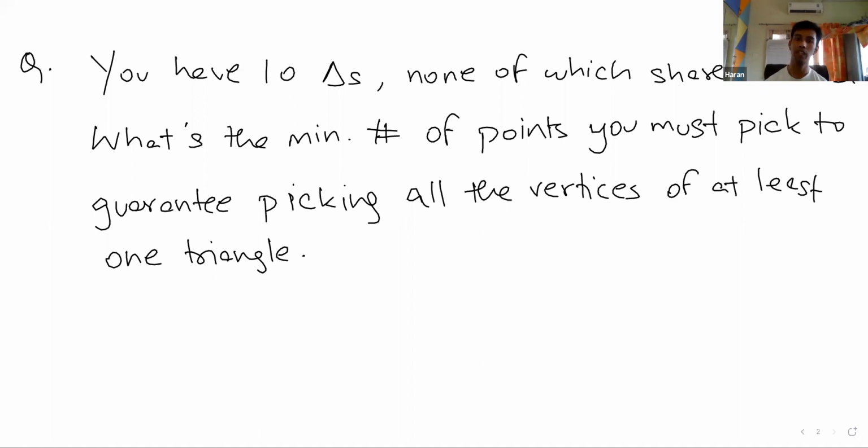And that means you're picking 2 times 10, that's 20 vertices. Which means if you're picking a 21st vertex, irrespective of which triangle you choose, you have to pick a vertex of a triangle where you've already picked 2 vertices, right? So that will be your third vertex, and that triangle will be fully picked, right?